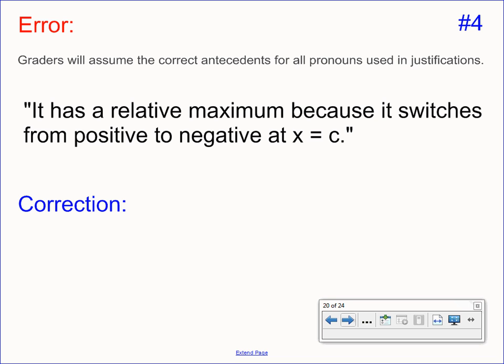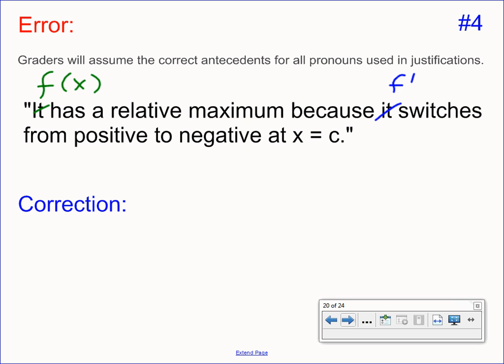Well, what would it be if it has a relative max? And what would it be to justify that? So f of x has a relative max because, and then in order to justify that, we'd have to say what? What would this have to be?